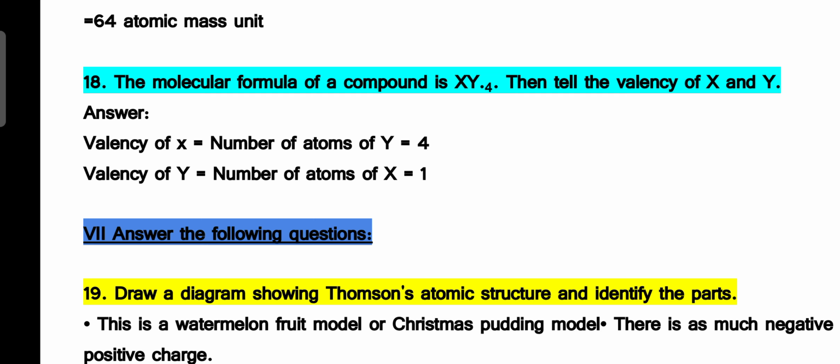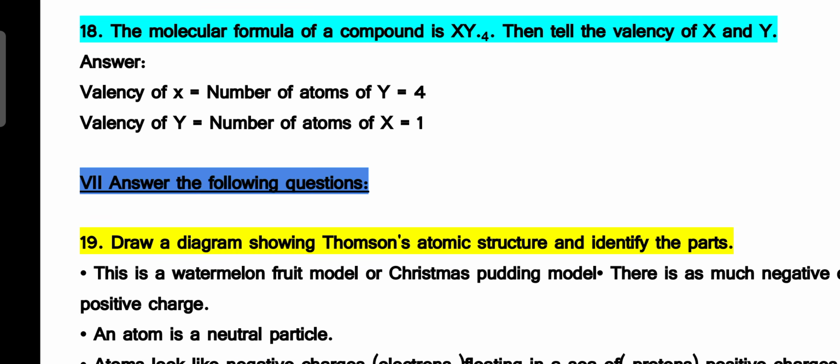Now 18th question is also a tricky question but very simple. XY4. If you consider this as a molecular formula, X is one element and Y is another element. Find the valency. That is the question. The valency of X is nothing but the number of atoms of Y. So 4 is written below Y and it is the valency of X. Nothing is written below X, that means one X atom is there.